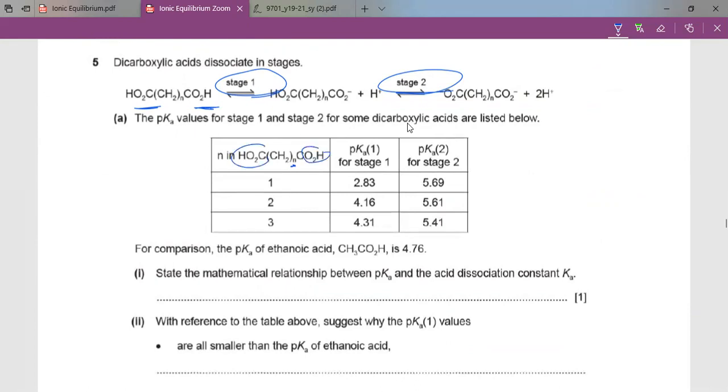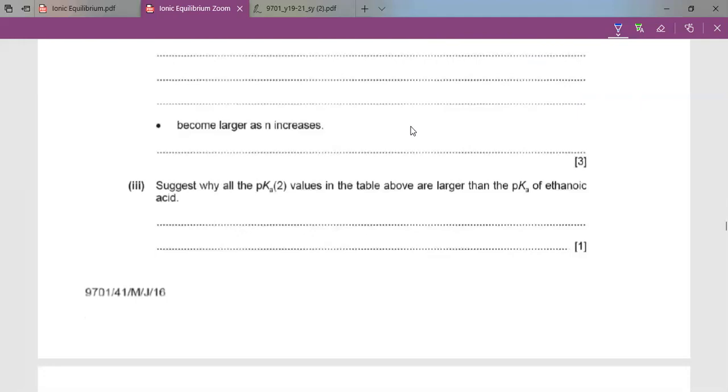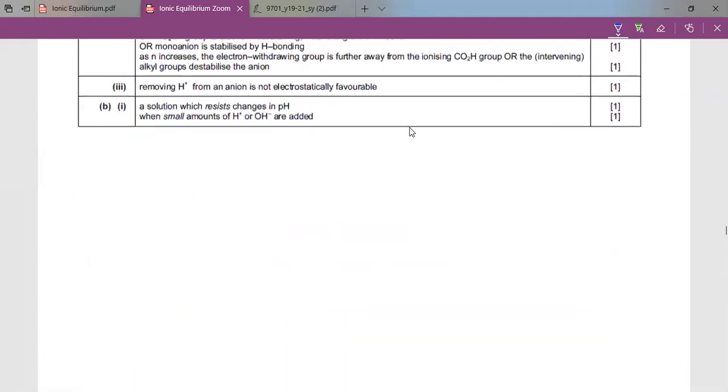That's why as you go down here, the acid becomes weaker, because the other group cannot pull electrons from the O-H. For this one, the first one got 2 COOH, the second one only got one. You can see it from above. Smaller and so forth.